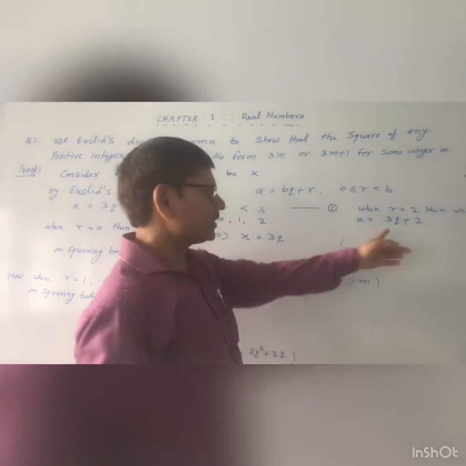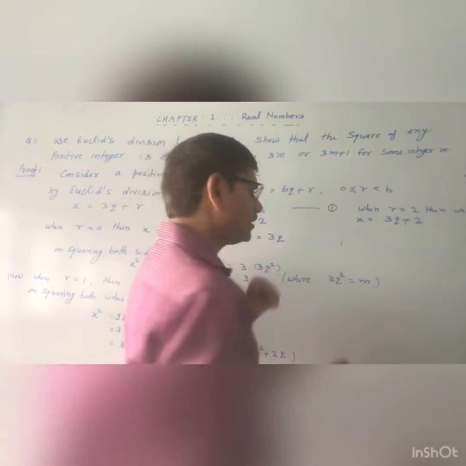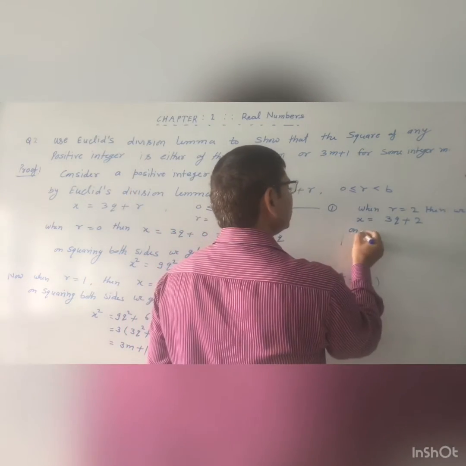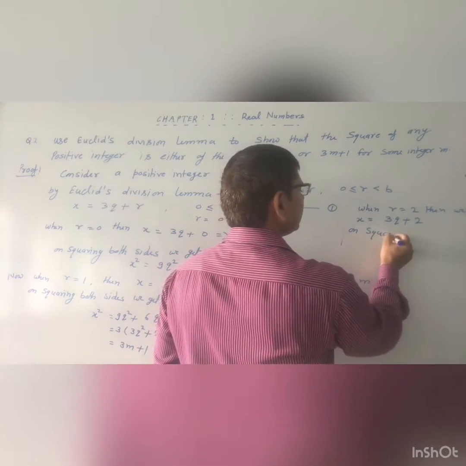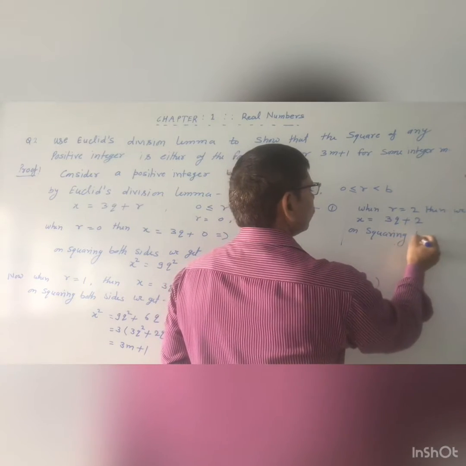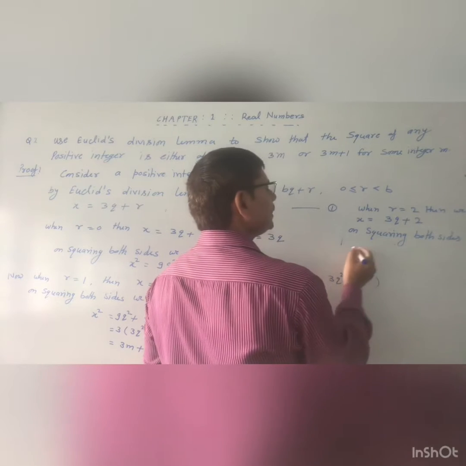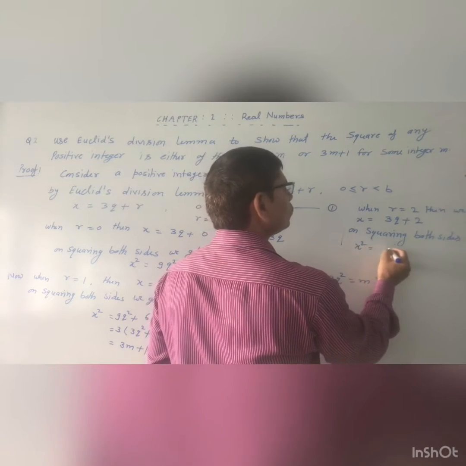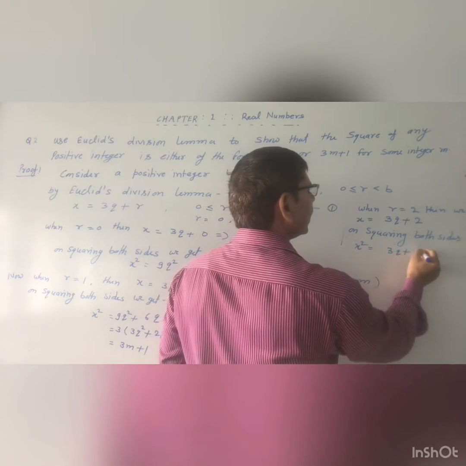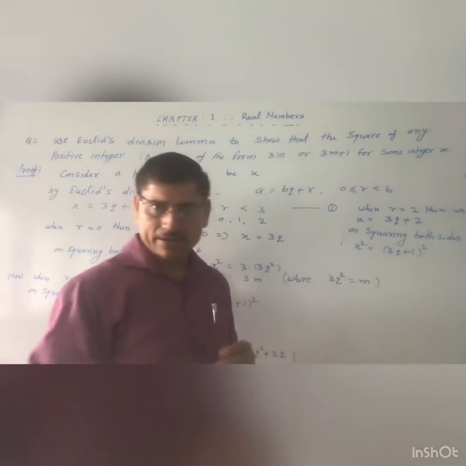The question says squaring, so once again we will square both sides. So what do you get? x square equal to (3q plus 2) whole square.